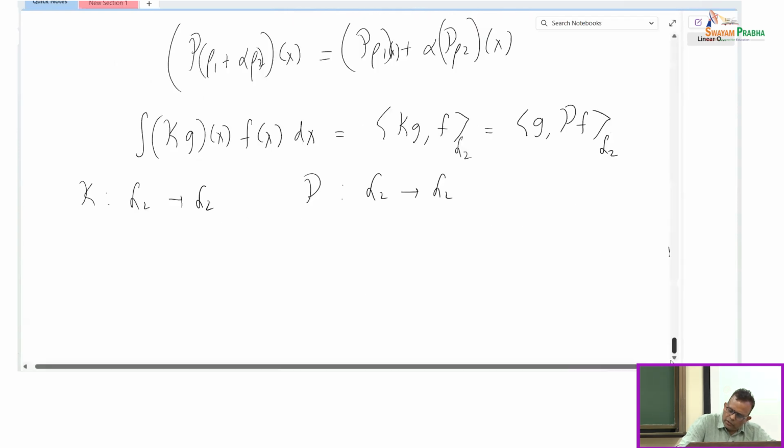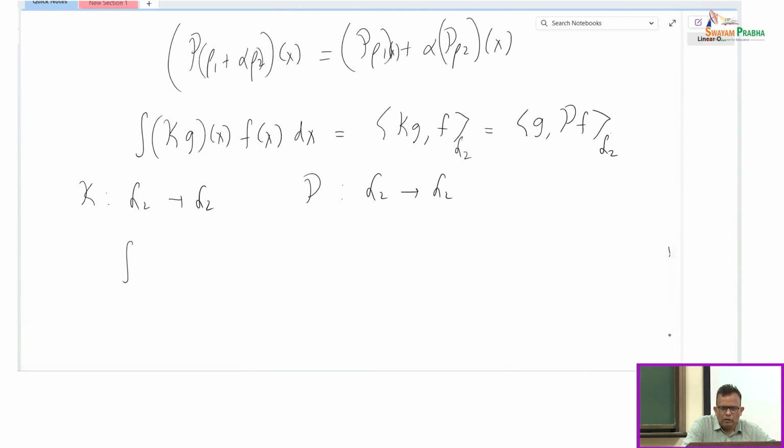How do you show this? It's a one-line proof. The proof is easier if you define this on the space of continuous functions for the Koopman and the space of measures for the Perron-Frobenius. Here you have to do some change of variables.